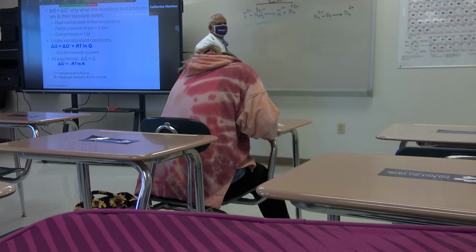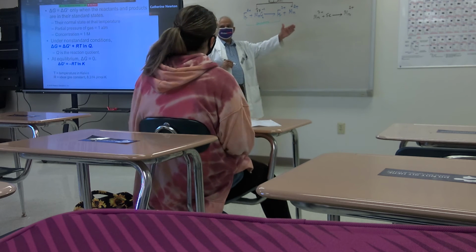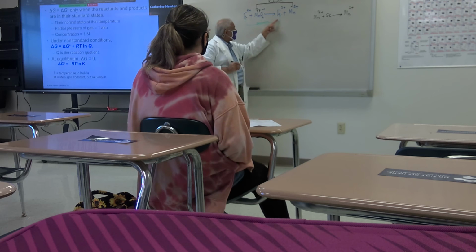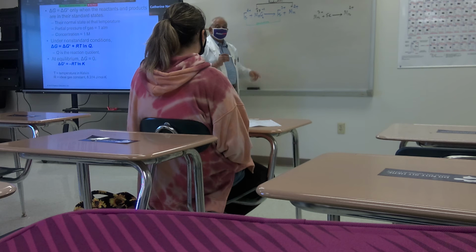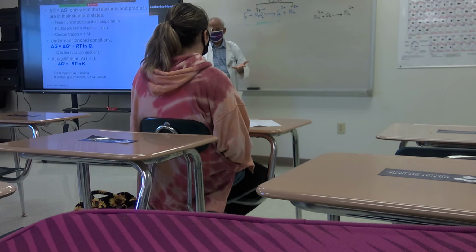So now your reduction is this. Okay, one full redox reaction will have oxidation as well as reduction, correct? This is what we call a half oxidation, and that is a half reduction. You understand?